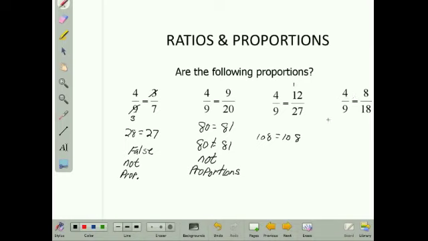Finally, 18 times 4 is 72, and 9 times 8 is 72. So these equal each other. They are proportions, and this is a proportion. These two are not.